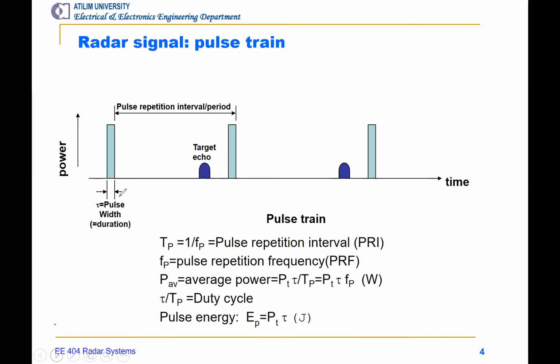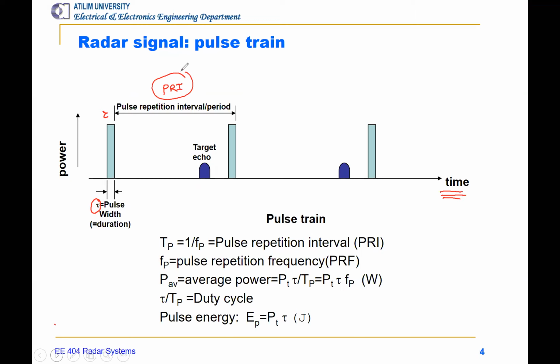As you can see on the slide, we have a pulse with duration tau, and the time between the pulses is called the pulse repetition interval, or PRI, which is a very critical parameter of a radar system.